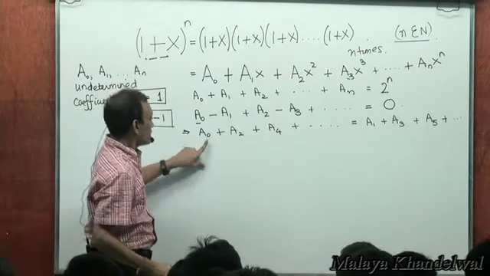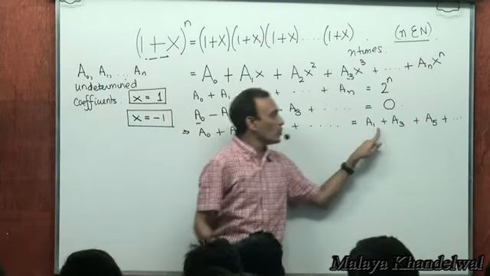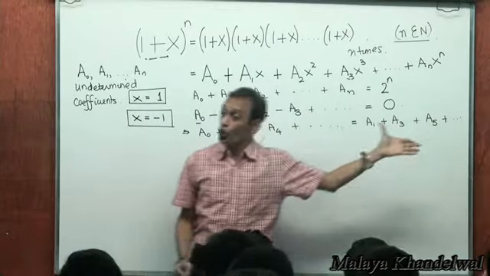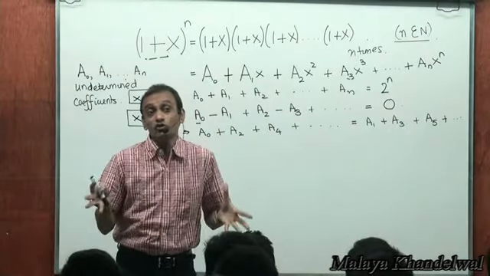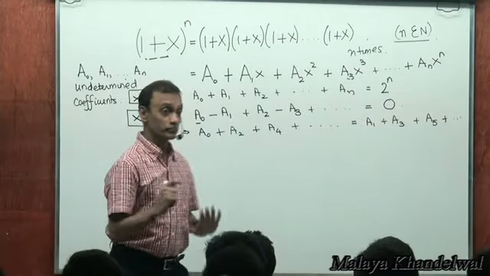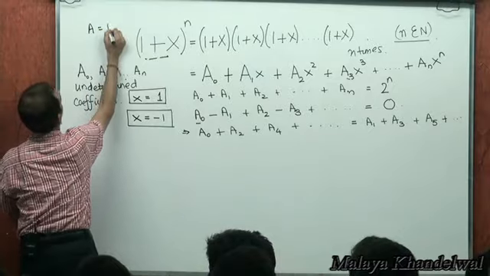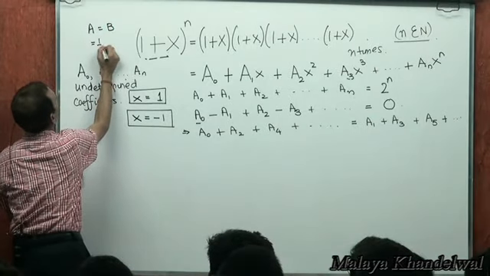Which means these are the sum of the even coefficients 0, 2, 4, etc., and 1, 3, 5, this is the sum of the odd coefficients. Sum of the even coefficients will be equal to sum of the odd coefficients, right? Isn't it? Now, if A equals B, then each will be half their sum.